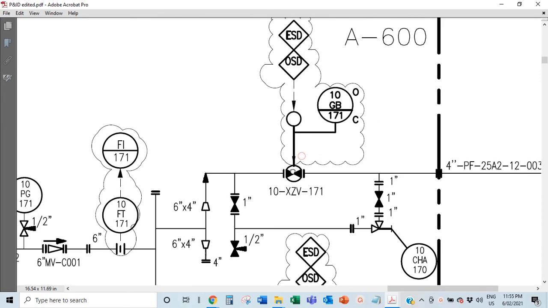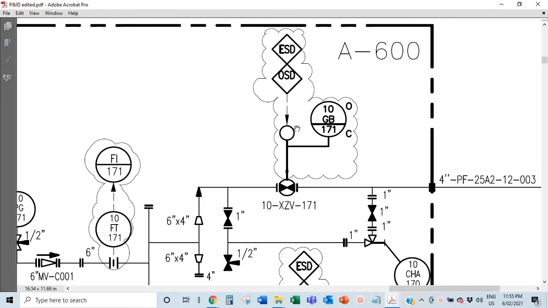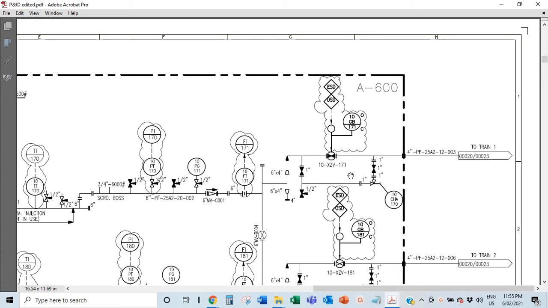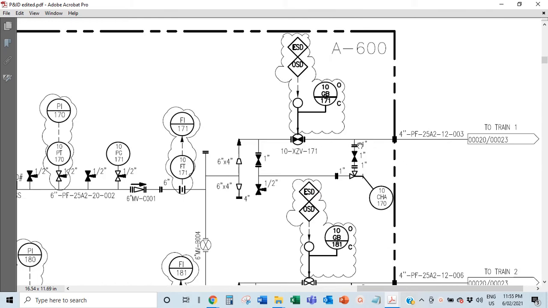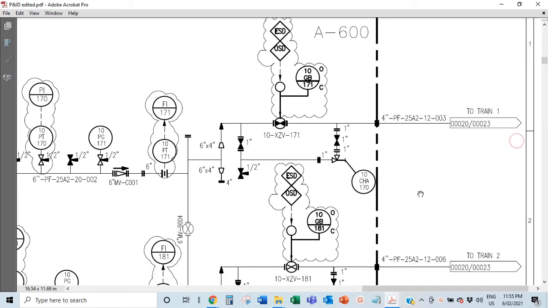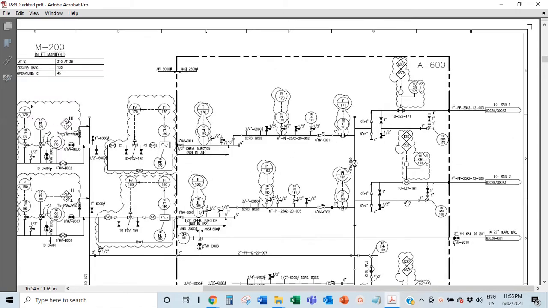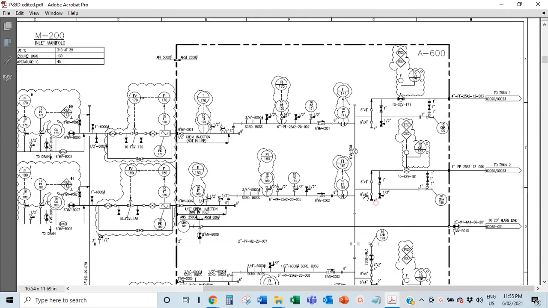okay, so then here is also another emergency shutdown valve and operational shutdown valve to control the process. Again, you have them a lot because that's what helps you control your flow, and you go all the way to train 1. So that is this, and the same thing runs through all these other lines.